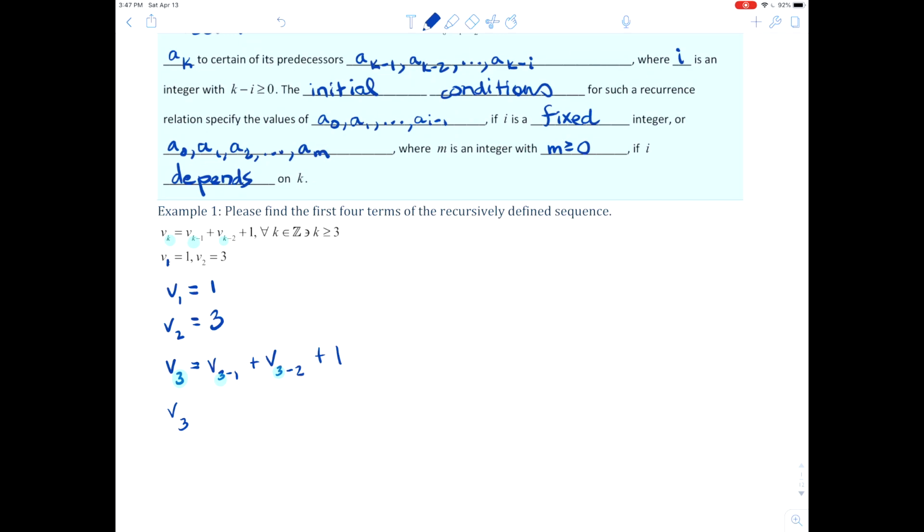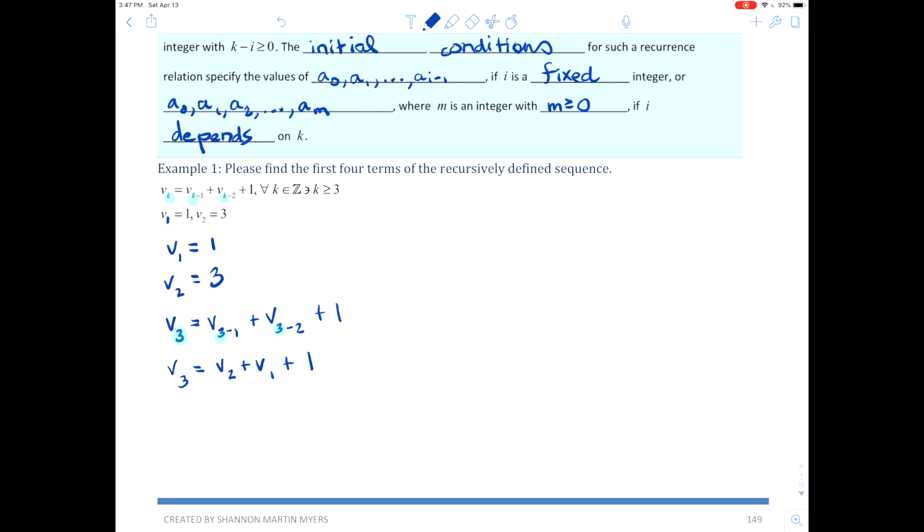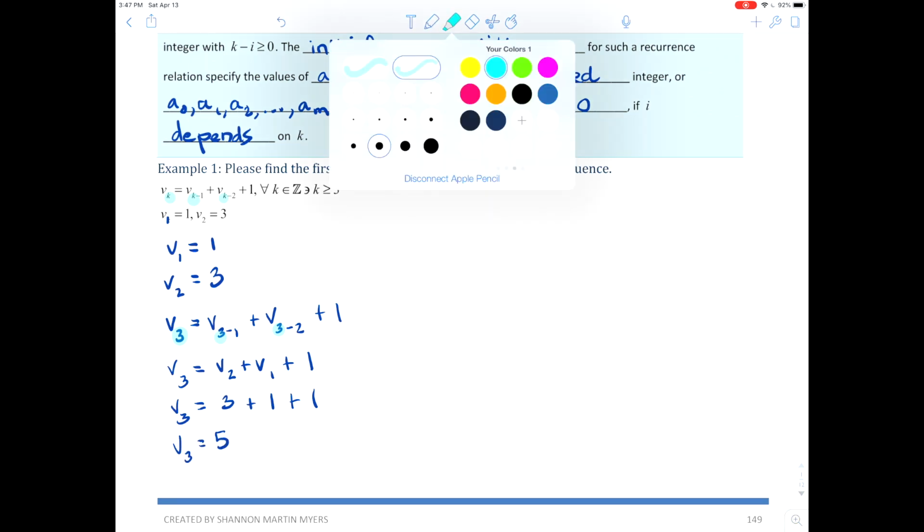This is going to give us V2 plus V1 plus 1, but we know that V2 is equal to 3 and V1 is equal to 1. So at the end of the day, V3 is equal to 5.